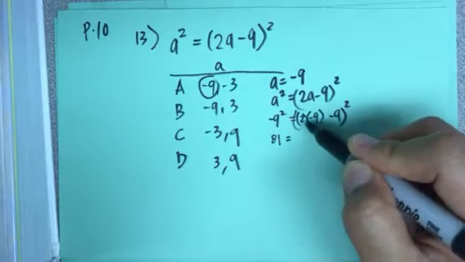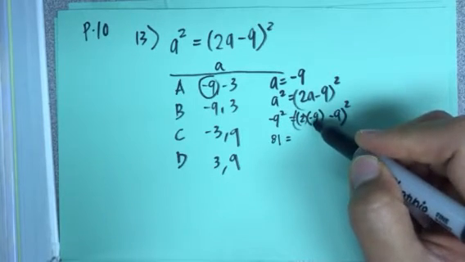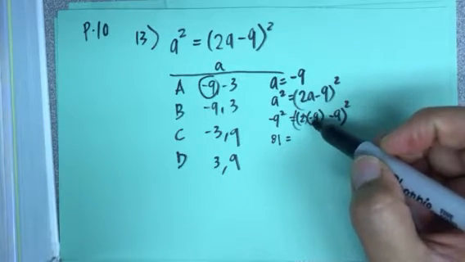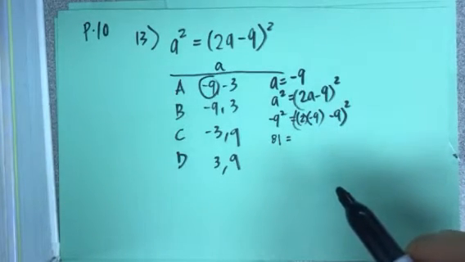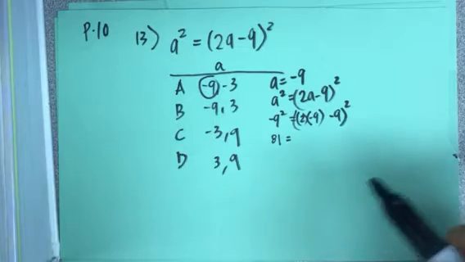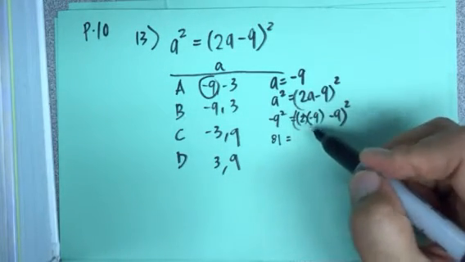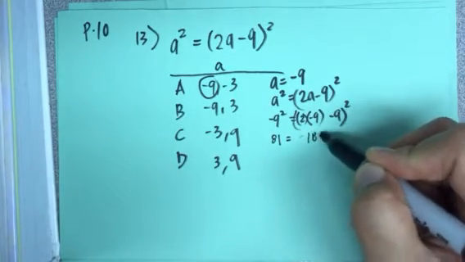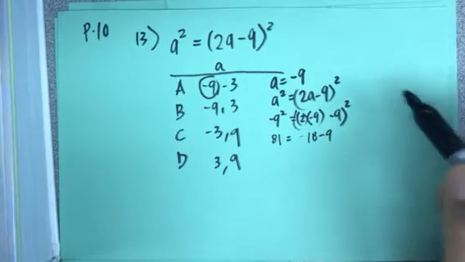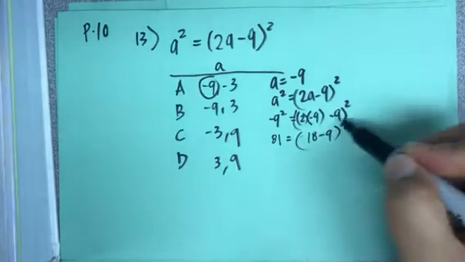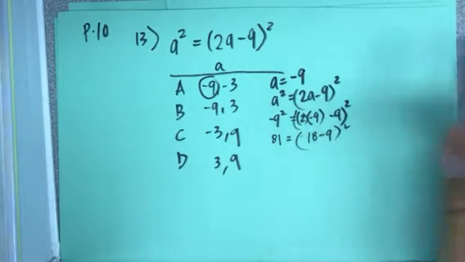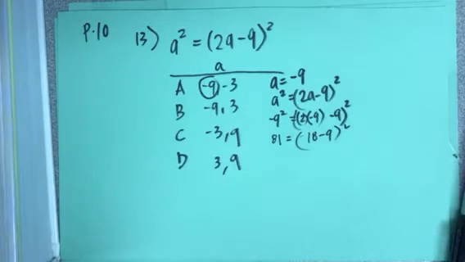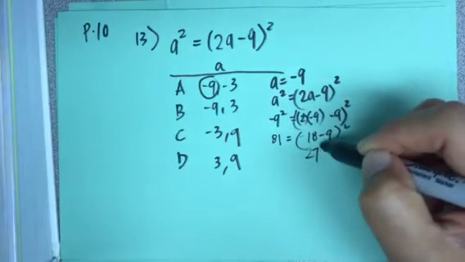And that's going to equal this right here: -9 times 2 is -18, -18 minus 9, and then square that. -18 minus 9 is -27. 27 squared.